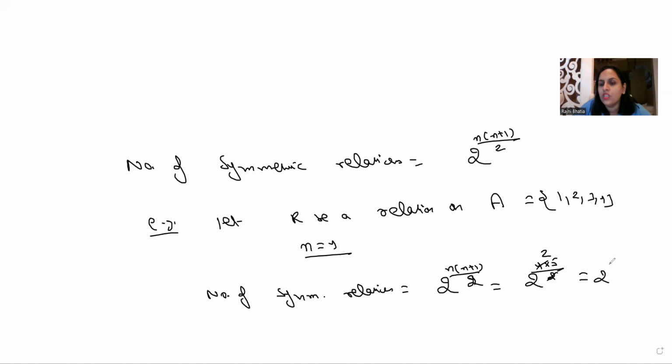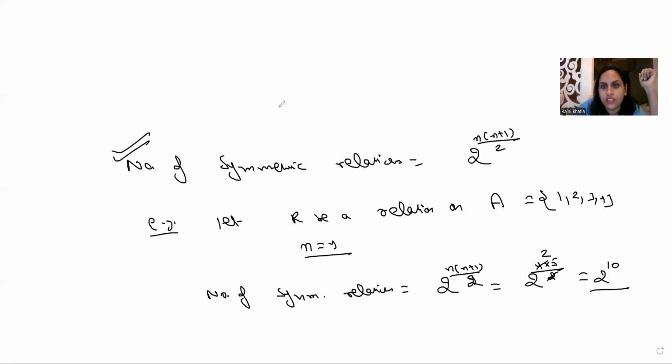So the answer is 2 raised to the power 10. So if the set A has 4 elements, there are 2 raised to the power 10 relations which are symmetric on A. Now this part is also not given in the NCERT, but it is asked in the board exam.